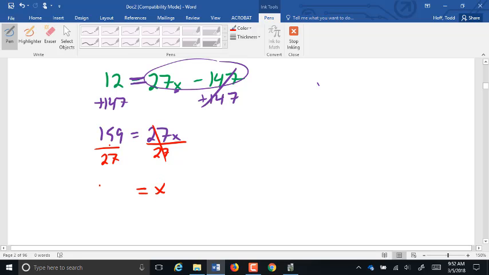159 divided by 27 really doesn't divide out at all. Actually, both 159 and 27 divided by 3 makes this 51 over 9. Actually, those both still divide, don't they? Did I divide that right?